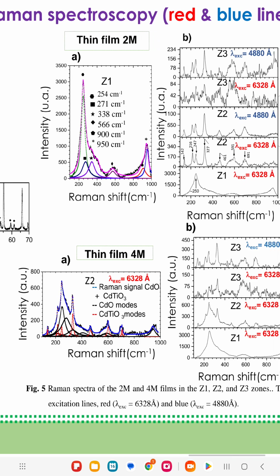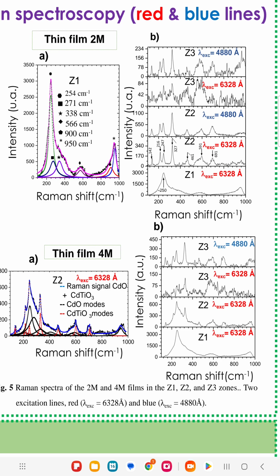So, in the case of the 4M film, in the Z2 zone we have cadmium oxide plus cadmium titanate in the same zone.